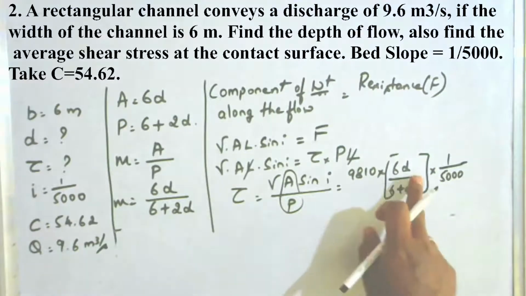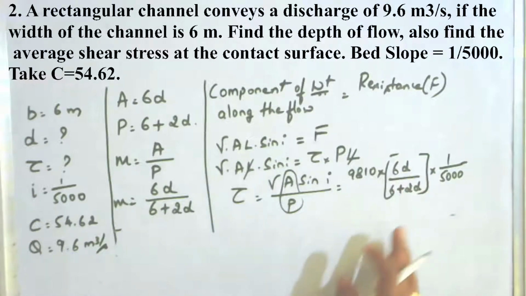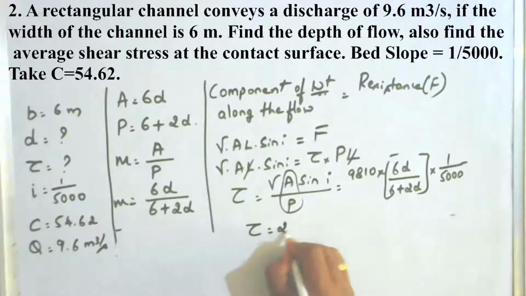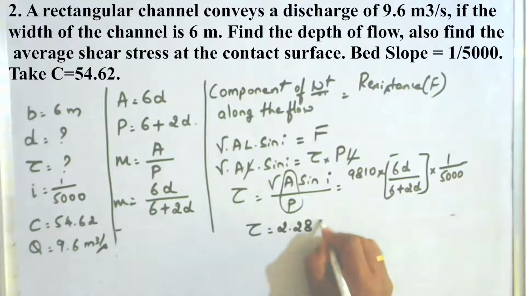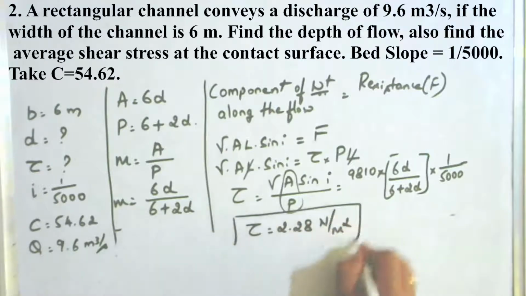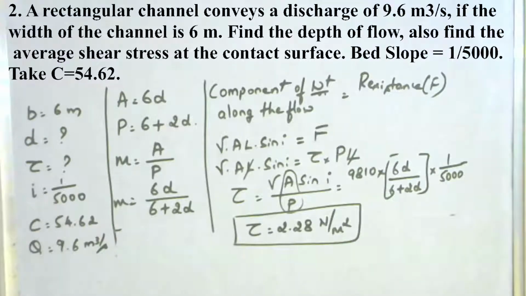You already know the value of D, 1.95 meter. You substitute, and you get the average shear stress as 2.28 Newton per meter square. This is how you should find the average shear stress as well as the depth of the flow.